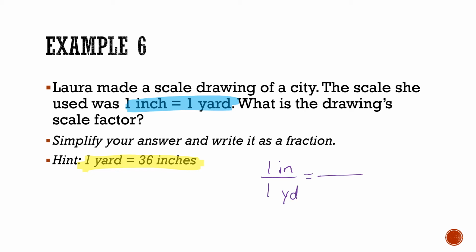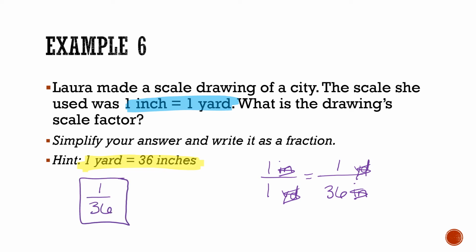And to cancel out my units, I will write them opposite this time. And I'm going to use my hint that 1 yard is 36 inches. Units are canceled. 1 times 1 is 1, and 1 times 36 is 36. So my scale factor is 1/36.